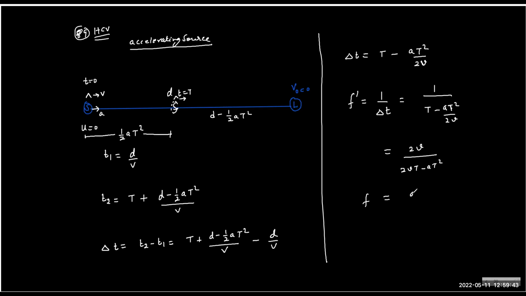And you can also write it in a fancy way: you can take T square common, it will become 2V by T minus a. And why did I do this? Because 1 by T square becomes f square, so this is 2V f square.